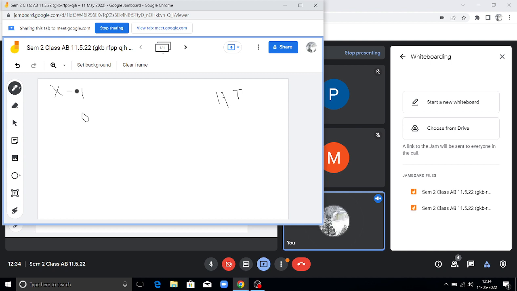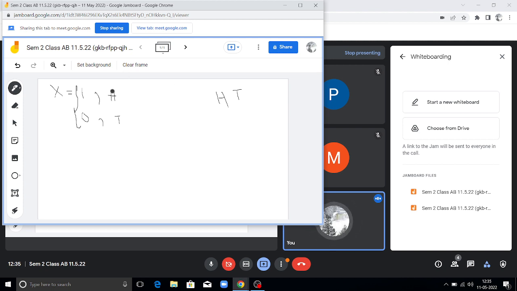So x takes the value 1 when H appears, and the value 0 when T appears.